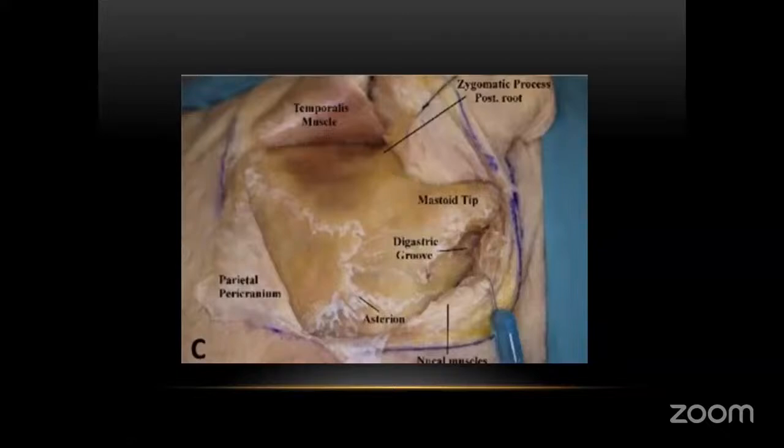That landmark is the posterior end of the zygomatic arch. This is the posterior end of the zygomatic process, and this is the mastoid area and the tip of the mastoid. This is the whole mastoid, and this is the zygomatic, because later on we have to take this whole bone, otherwise it will be very difficult for us.